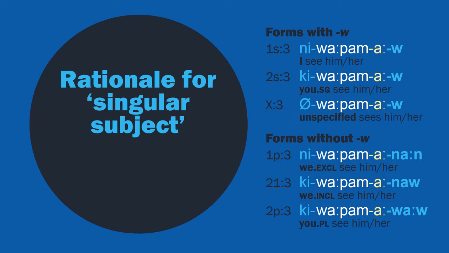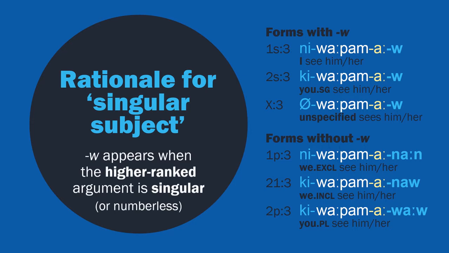The overall observation here is that W appears whenever the higher-ranked argument is singular, or numberless in the case of the unspecified actor. And that's why we might think of W as a singular subject marker. Or more accurately, as a marker that indicates that the higher-ranked argument, indexed by the prefix, is non-plural.